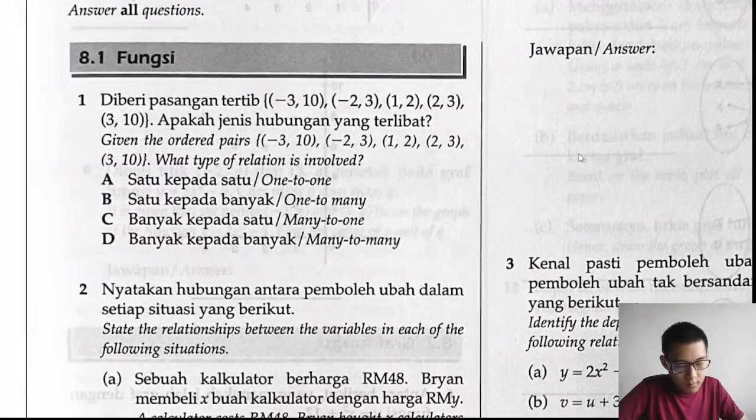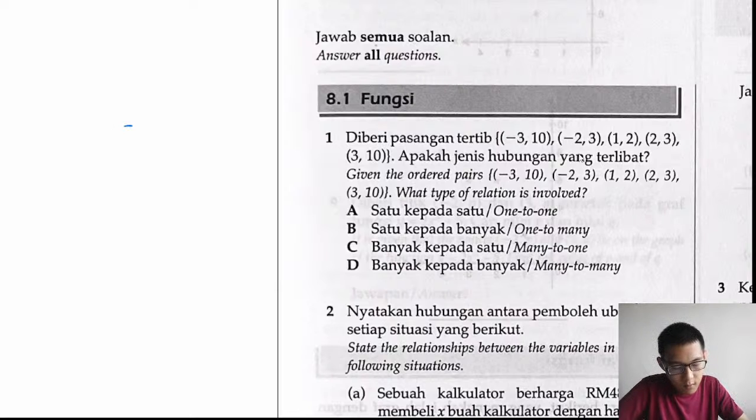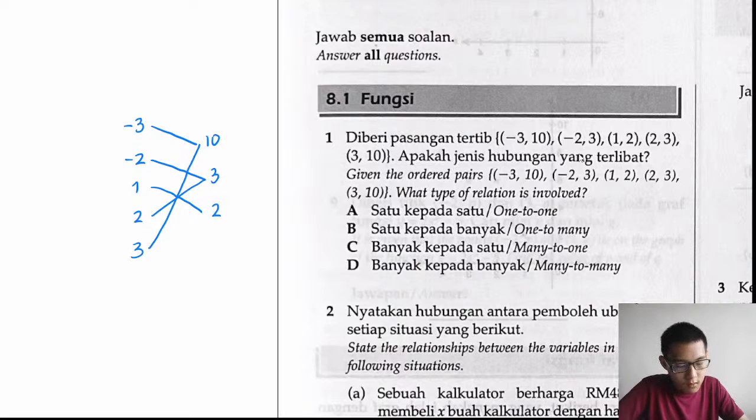Okay, let's give an example for this. Given the ordered pairs, we have objects -3, -2, 1, 2, 3. We have images 10, 3, 2, 3, 10. -3 to 10 here. -2 to 3, 2 also to 3, 1 to 2. This one is 1 to 1. This one is not 1 to 1 yet, because there are two objects matching one image, so this is many to 1.